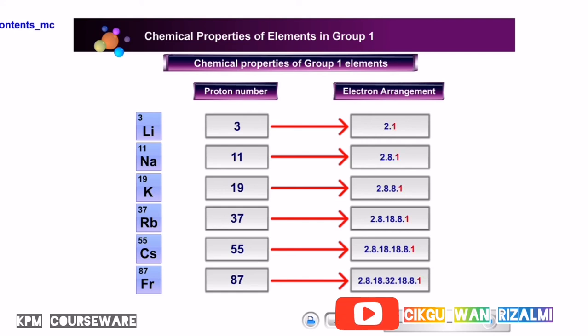Therefore, elements of group 1 have similar chemical properties. This means they exhibit the same chemical reactions. Even though they have similar chemical reactions, their reactivity increases as we go down the group.